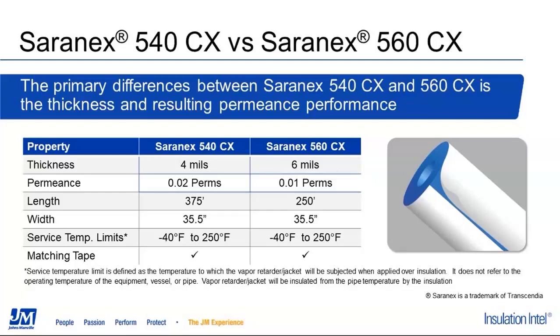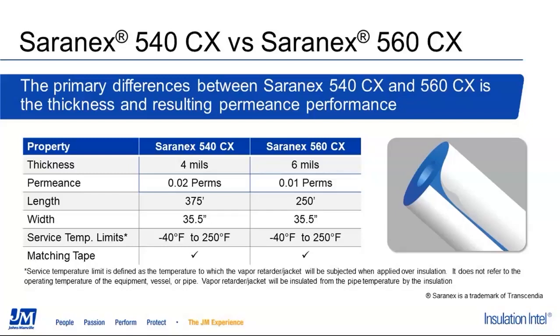Both have associated Saran XDX tape for use in sealing butt joints and for spiral wrapping around the insulation at fittings to ensure a high quality and continuous vapor retarder is applied to these locations. For chilled water applications, the Saran 540CX is typically used.